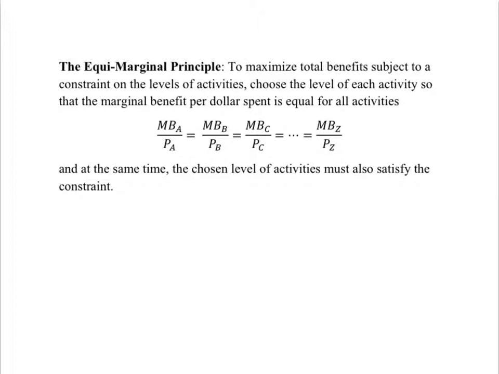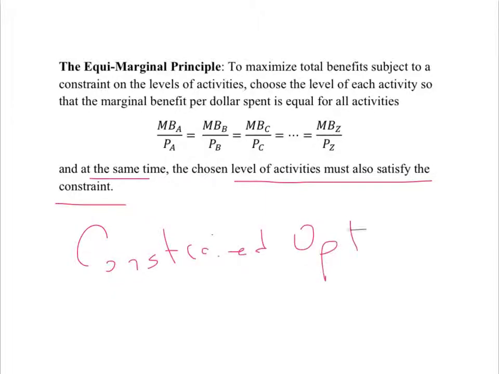But remember, at the same time, we want the chosen level of activities to satisfy our constraint. We don't want to be under budget, and at the same time, we can't go over budget. So, again, this is an example of a constrained optimization problem, and we use what I call the equimarginal principle.